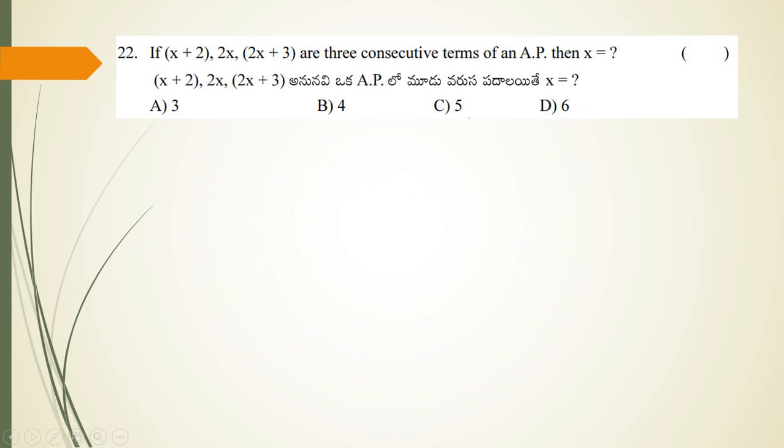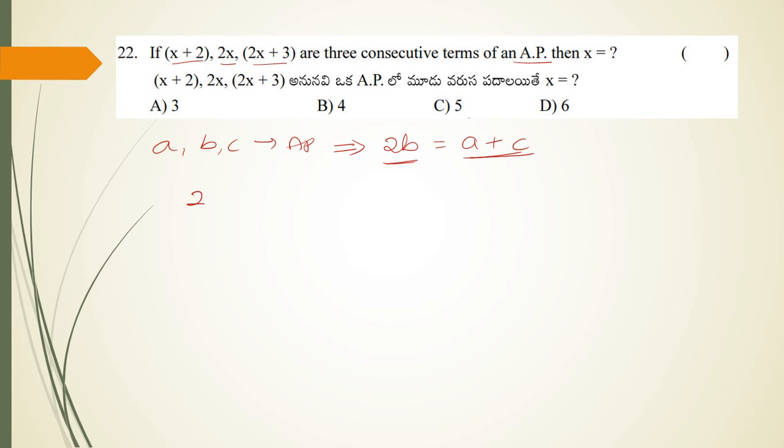So option D is my answer. Right, next moving on to question number 22. So what he has given: x plus 2, 2x, 2x plus 3 are 3 consecutive terms of an AP. So when you say a, b, c are in AP, then what you can directly say is 2b is equal to a plus c. So 2 times the middle term is equal to the sum of the extremes, right?